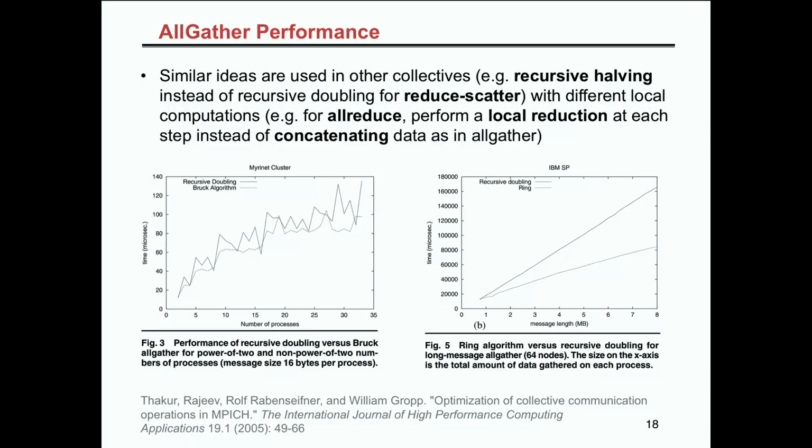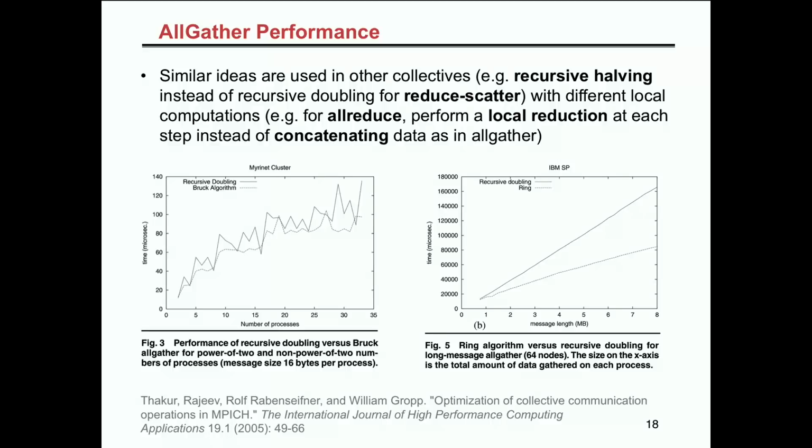We had a really big latency. But why is this beating the recursive doubling, which has better asymptotic time? Any idea? Just still because of overhead? Yeah. But why do you think there is more overhead?